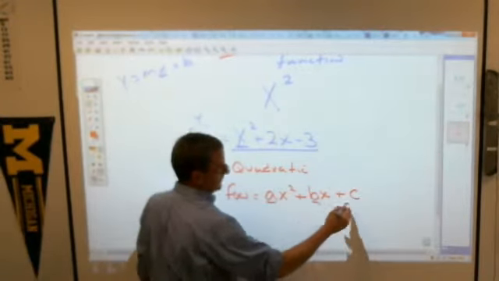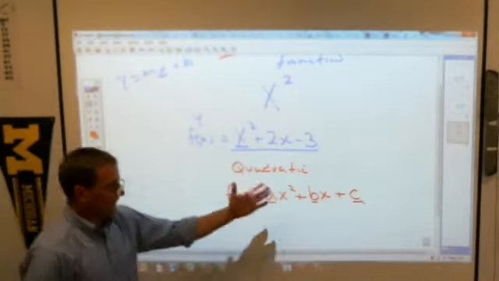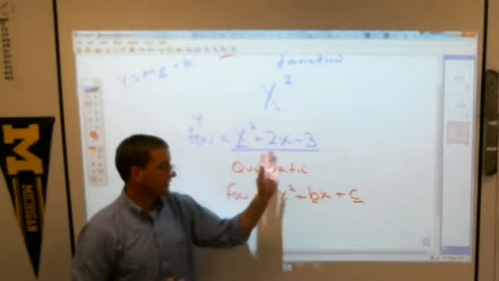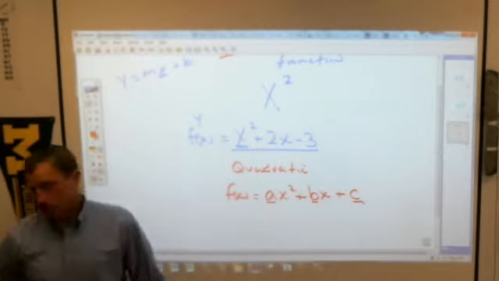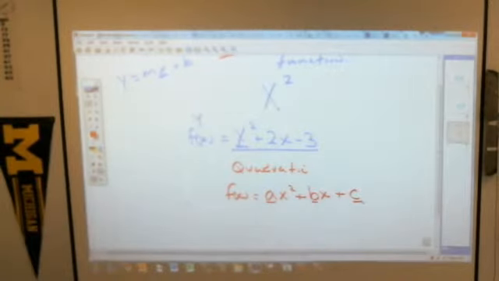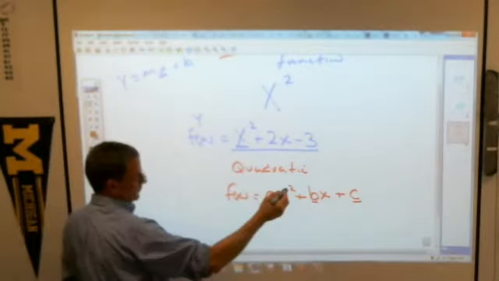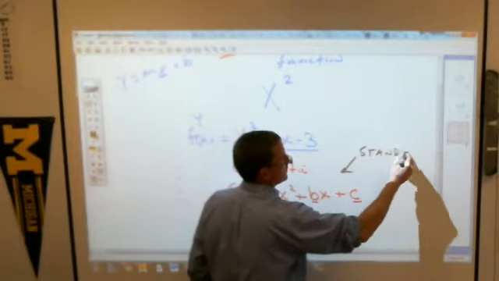A, B, C. But remember, these don't have to be there. You can have zeros for these numbers, and if you had zeros, you wouldn't have anything but an x squared. But it's still a quadratic. I guess they call this the standard form. This is your standard form of your quadratic.